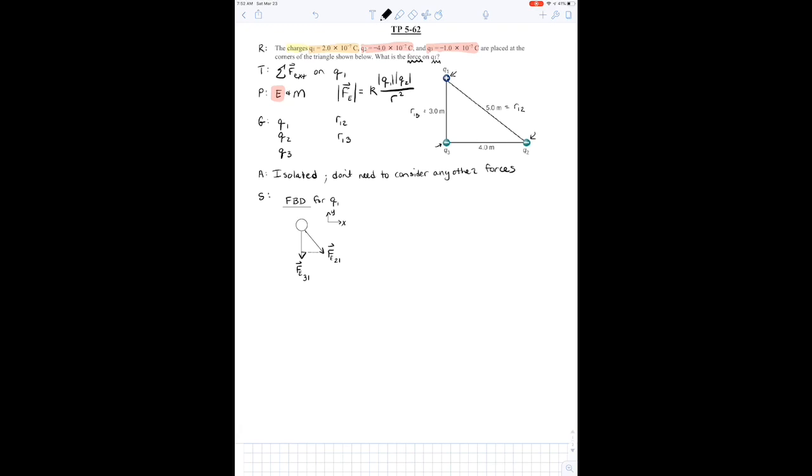Again, nothing's rotating, so I don't need to be concerned with drawing a critical dimension, but I do have a critical angle where, if you notice, the electrostatic force coming from charge 2 is not only in the y or only in the x. It is at some angle away. So we can solve for that theta later on.